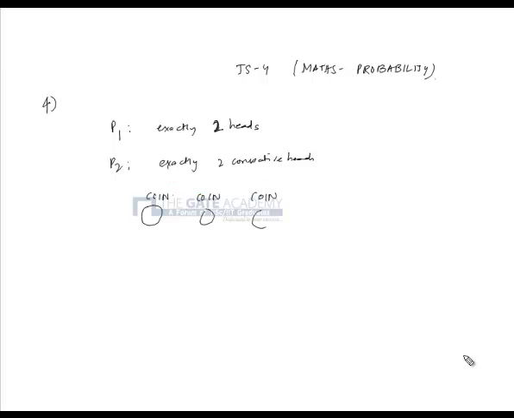Okay, and the available options are head and tail. So each has 2 options. Okay, so the total number of combinations or the total number of ways is 8. Total number of different combinations is basically 2 power 3, that is 8, because these are all independent.